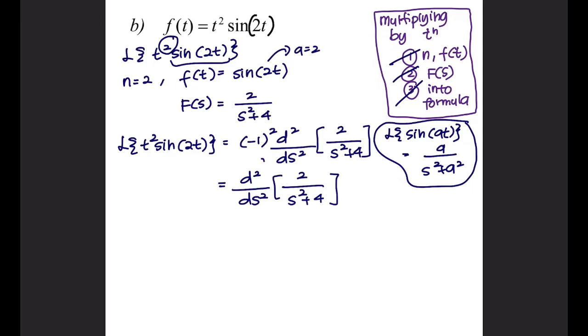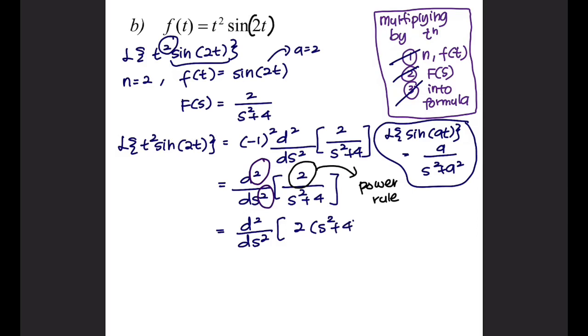Okay, for this example, you have to differentiate 2 times. Okay, look at the function. We have a constant on top, so you must apply the power rule. So first simplify the expression.